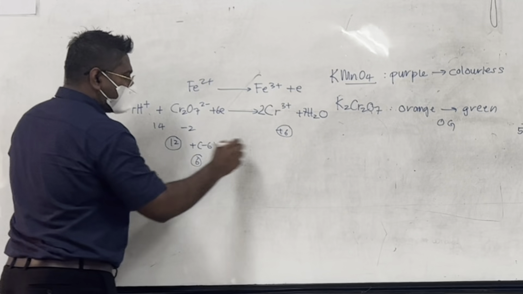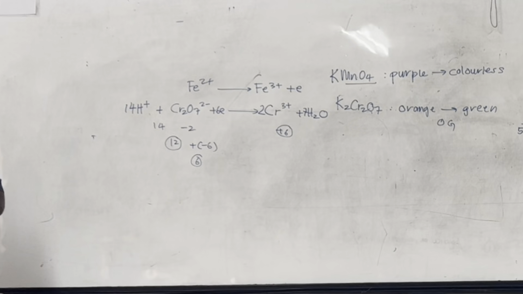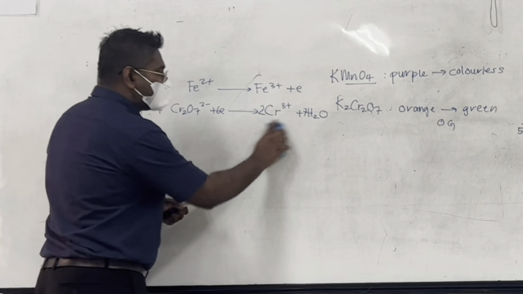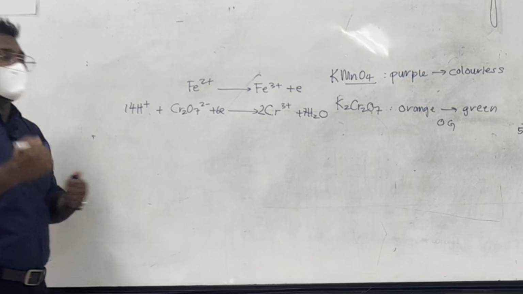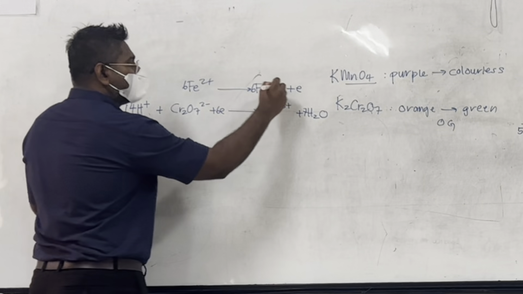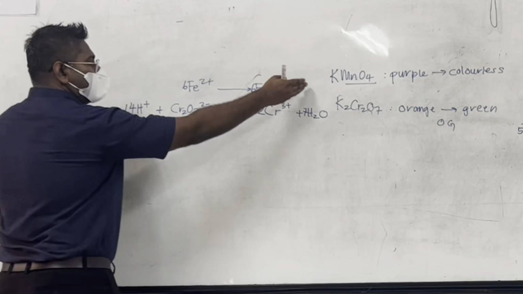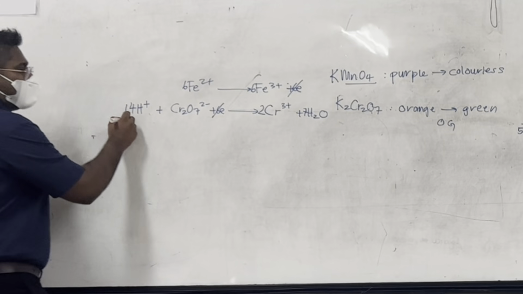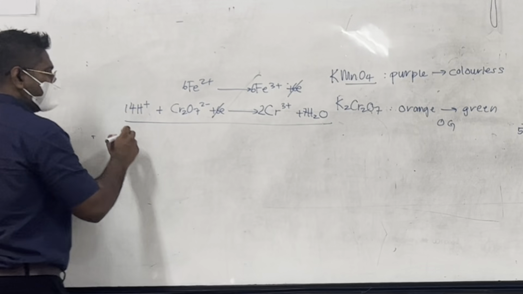You will get plus 6, plus 6. Next, you just need to balance the electron. Times everything by 6. The 6 electrons and 6 electrons will cancel, and you just need to rewrite it again.